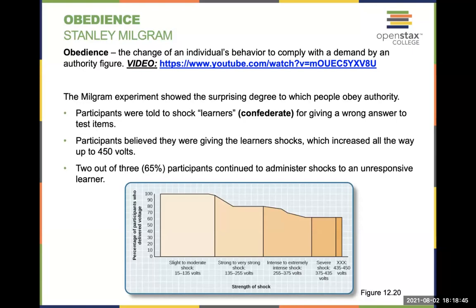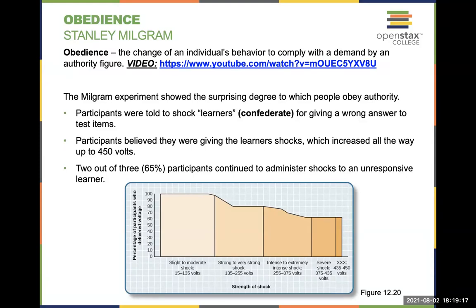This is another example of how authority and authority figures can play a big part. At the beginning last week, when we first started this chapter, I kind of rhetorically asked the question, what is it that makes good people do bad things, right? We looked at social role, and we looked at Zimbardo's Stanford prison experiment.